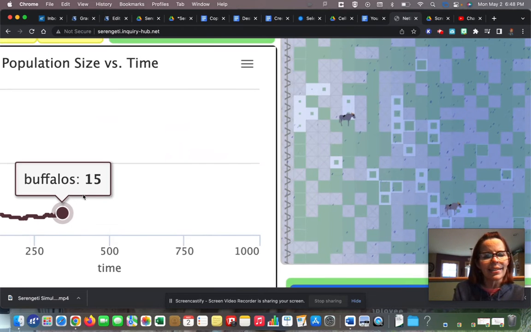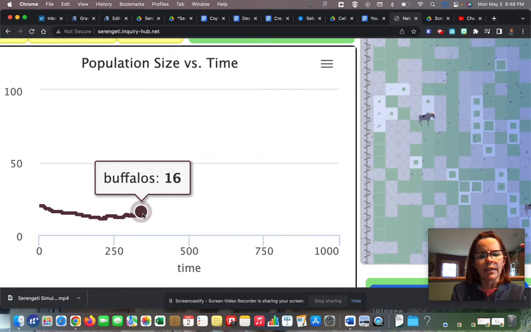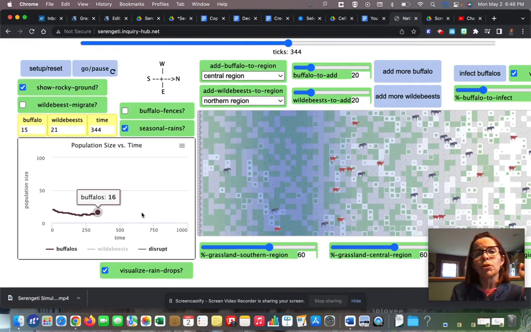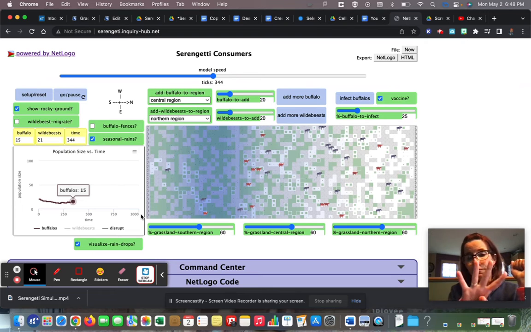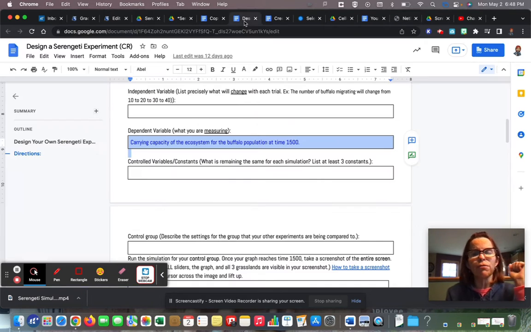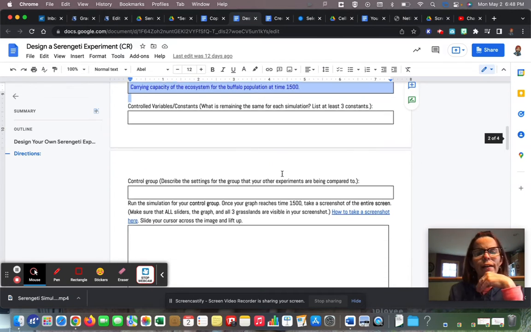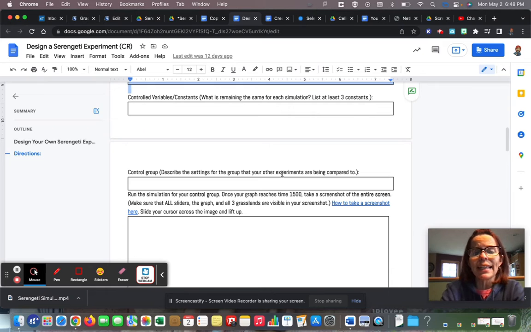Let's pretend this is time 1500. Let's say we got there. I can move my cursor to time, if that was time 1500, and it'll tell me exactly how many buffalo there are. So that's what you're going to look at 4 times. You're going to look at the ending number of buffalo, how many buffalo there were, and we're going to call that our carrying capacity.